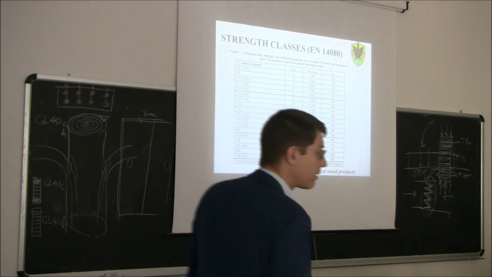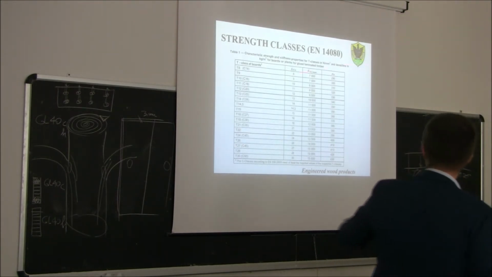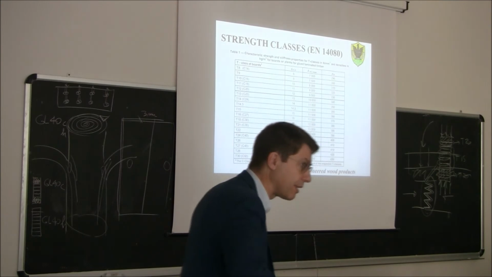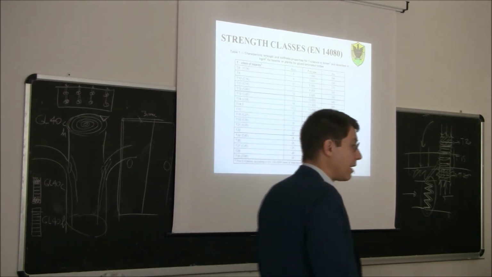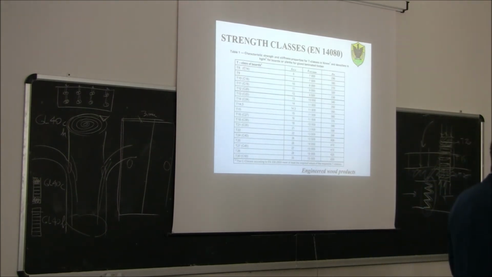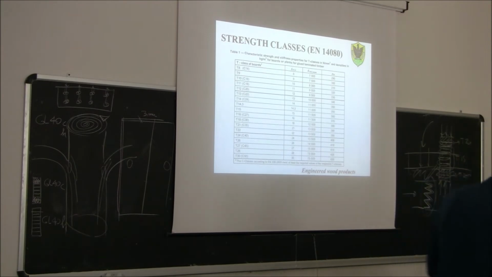Remember, T are the boards that have been classified by tension, and C are the boards that have been classified by bending. So T8 means that the board has a characteristic tensile strength larger than or equal to 8 megapascal. C14 means that the board has a characteristic bending strength, this time, larger than or equal to 14 megapascal. By now it should be clear that tensile strength is lower than bending strength.